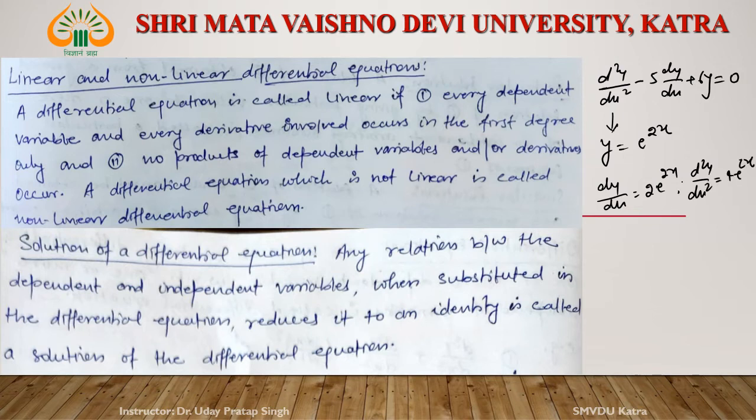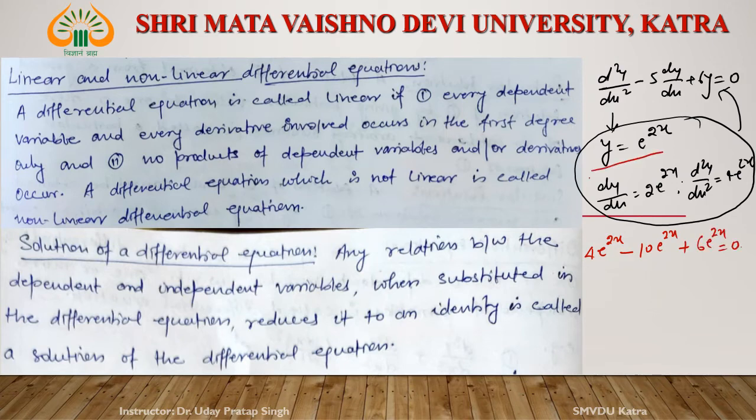Right? So putting all these terms here, d2y by dx2 is 4e to the power 2x, minus 5 dy by dx is 10e to the power 2x, plus 6y is 6e to the power 2x. This is equal to 0. So this function and its derivatives satisfy this differential equation.